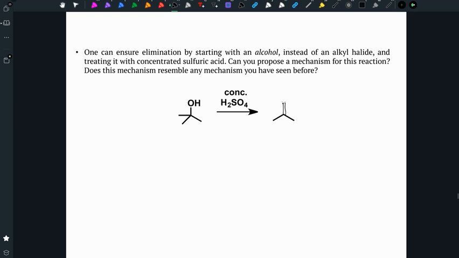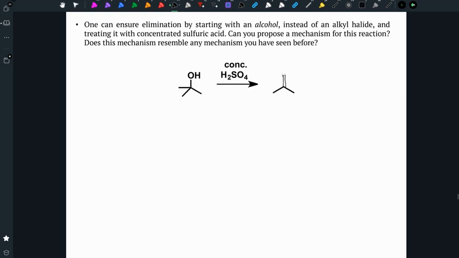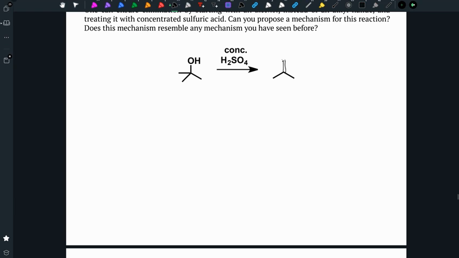And that is a case where we start with an alcohol instead of an alkyl halide. I said before that I would introduce some extra leaving groups. This is going to be a case where we're introducing a new leaving group as a possibility instead of just an alkyl halide. So if I react an alcohol with concentrated H2SO4, this is a strong acid.